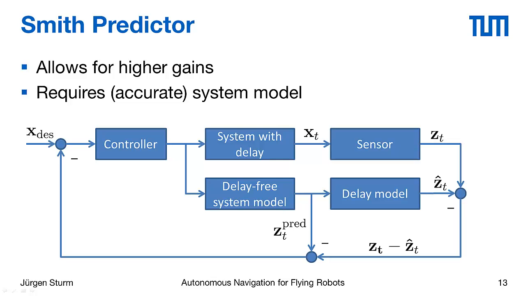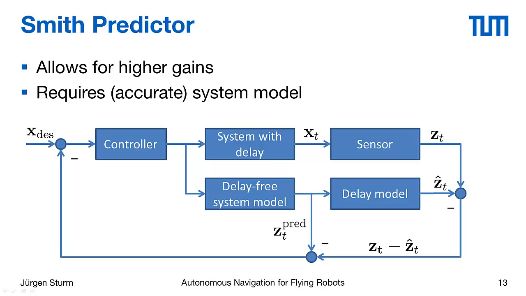If our model is perfectly accurate, then the difference between the real sensor observation and the delayed prediction should be 0. If it's, however, not perfect, then we will get a residual that we can feed back into the controller, that we can use to correct our delay-free prediction.